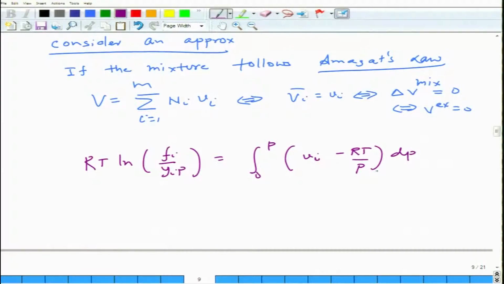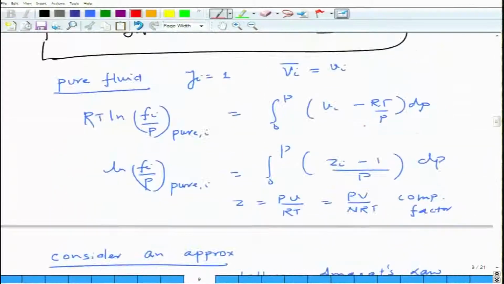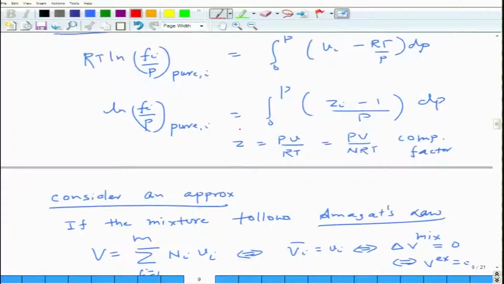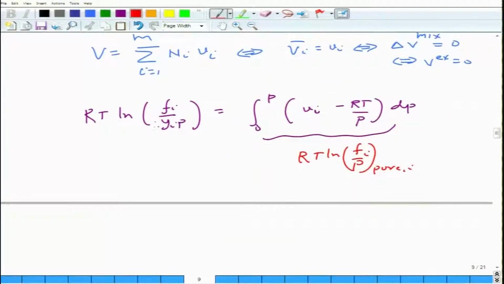Looking at this expression, what is this? This is nothing but RT ln f by P of pure i. That is what it is by definition. So you have this now, left hand side this and right hand side this.